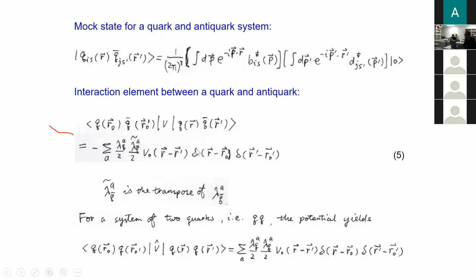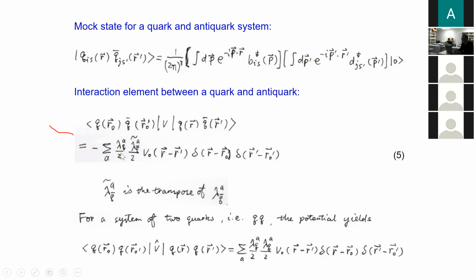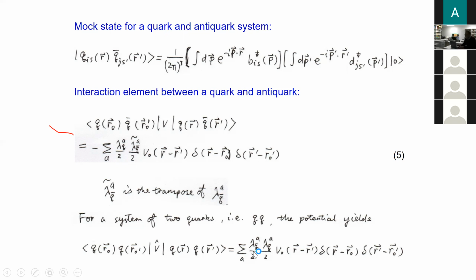The color part of these two constituents will give indices to decide the coupling strengths between these two colored objects, and this average value can be worked out in the color space.